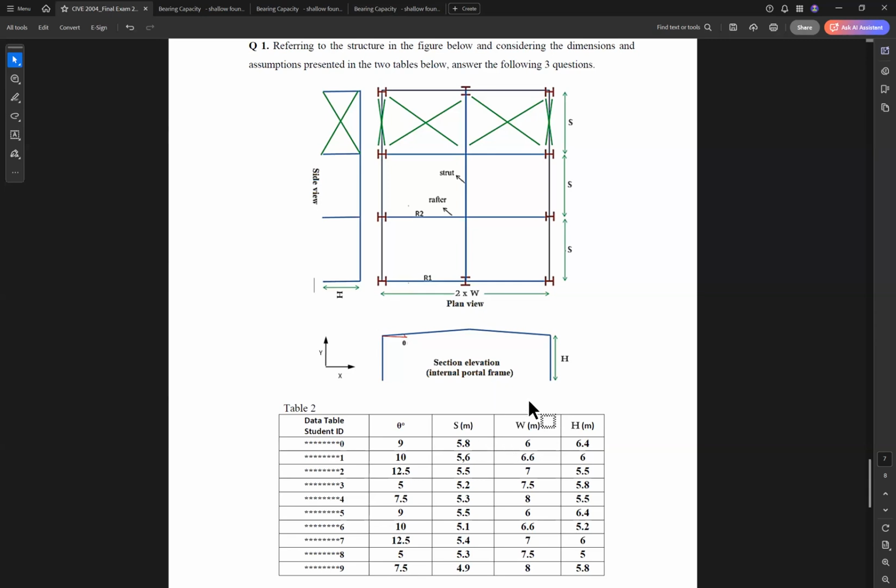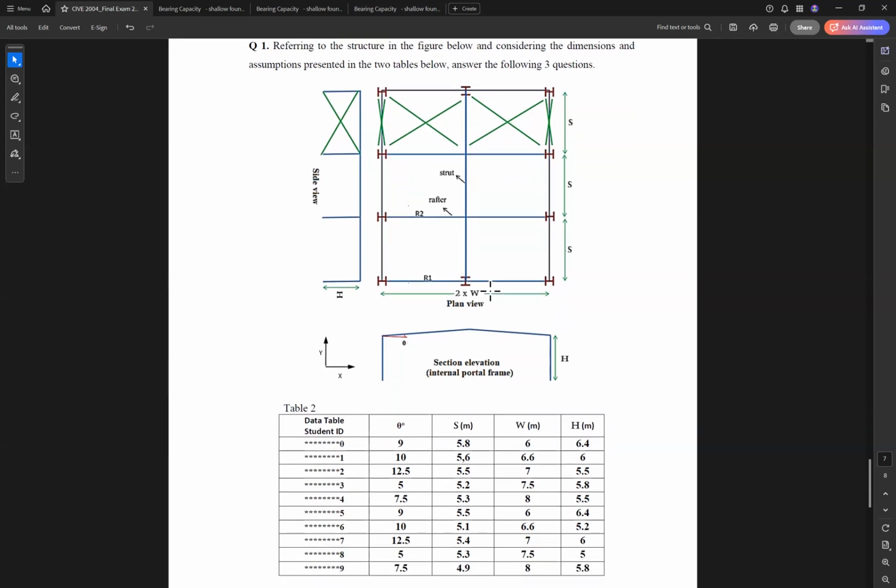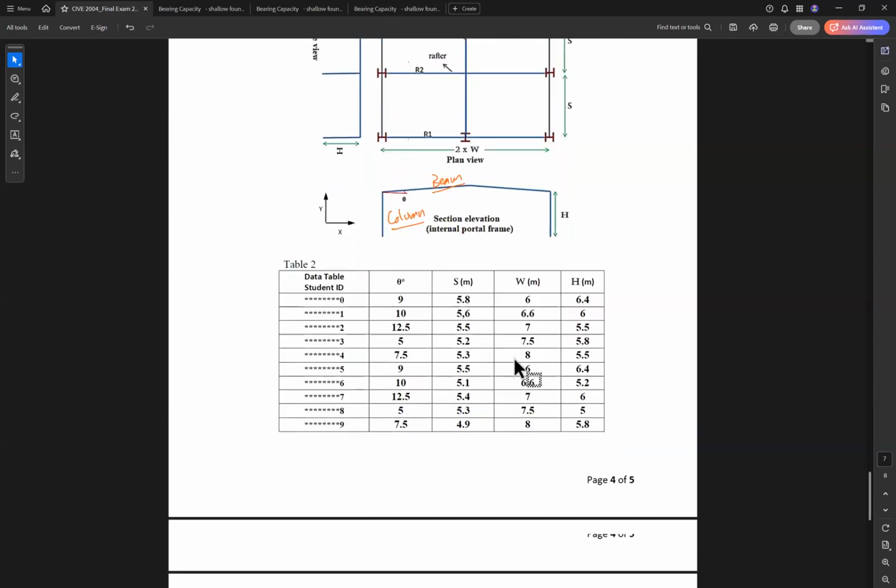The exam finishes. Okay, so in this, as you can see, you will have a plan or layout for the shed. For example, we will focus on one column and one beam, because this is mainly our topic during the course.